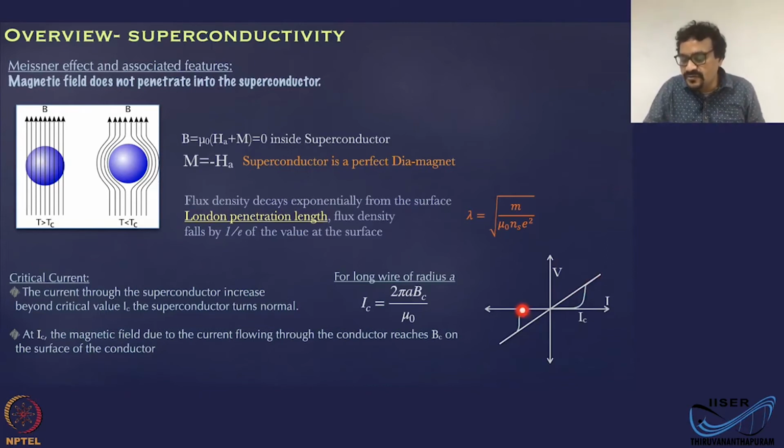There is no voltage developed in this region because the resistance is 0. Okay, but suddenly when the current reaches critical current, the material will start turning into normal. It will develop some resistance, so there will be a voltage developed across it, and eventually the material becomes normal.